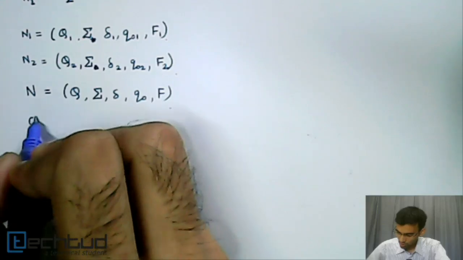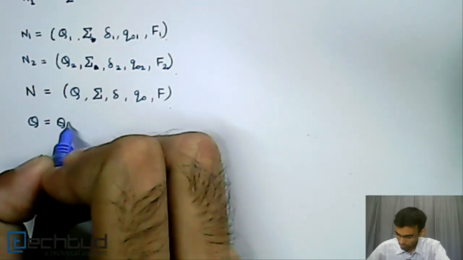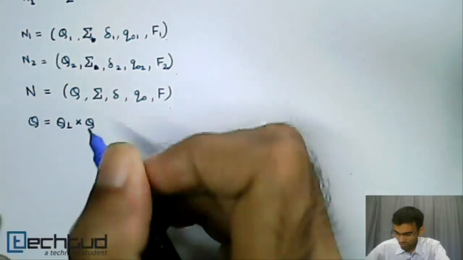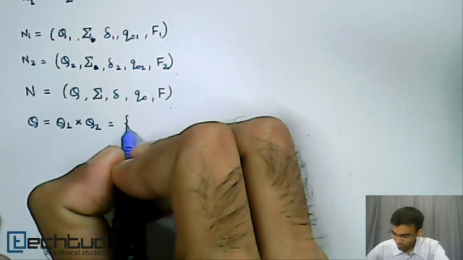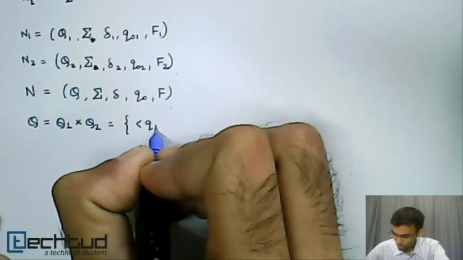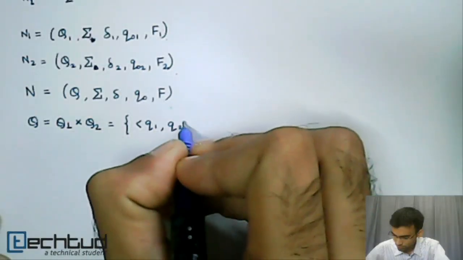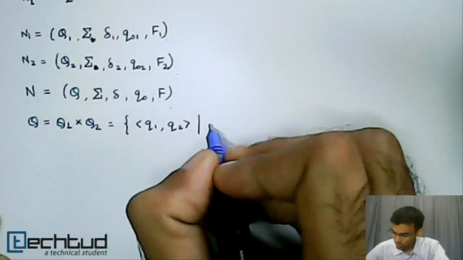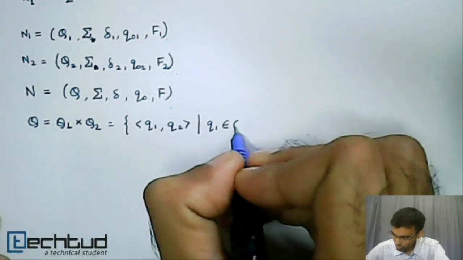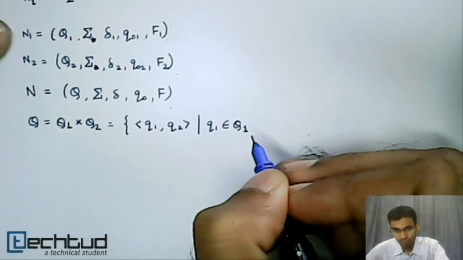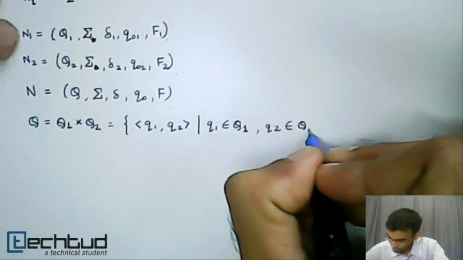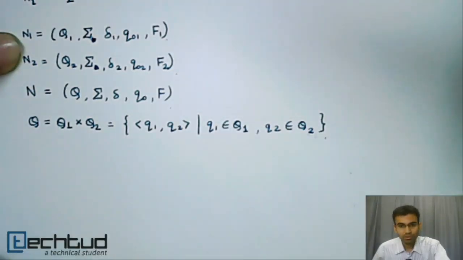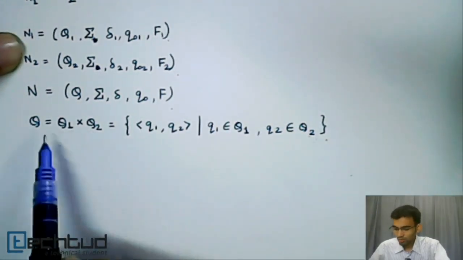That is, Q is equal to Q1 cross Q2, which is the same as saying that we will have pairs (Q1, Q2) such that Q1 belongs to the set of states from N1 and Q2 belongs to the set of states from N2. This is what Q1 cross Q2 will look like.